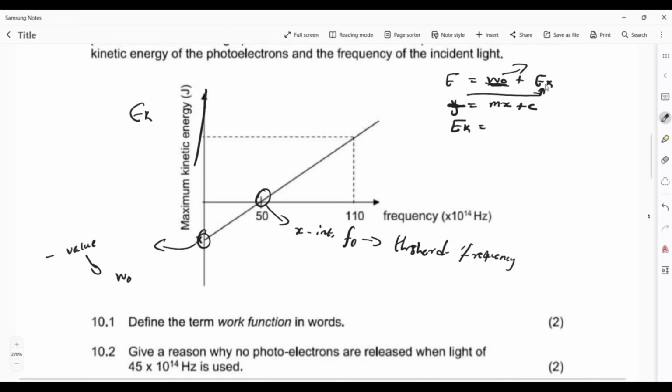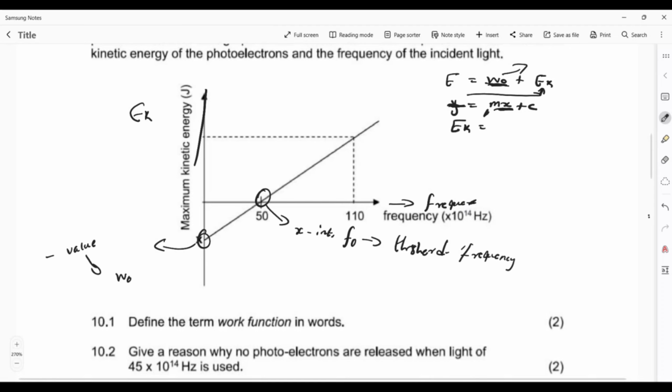Another thing, you're going to ask yourself, what is your x-axis? Your x-axis has the frequency, so your frequency represents your value of x. This x is a frequency in this case.